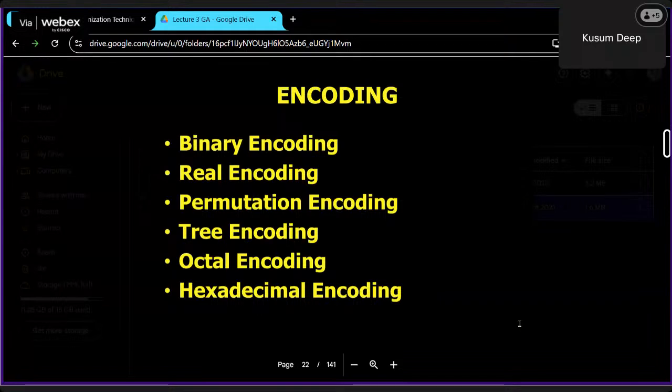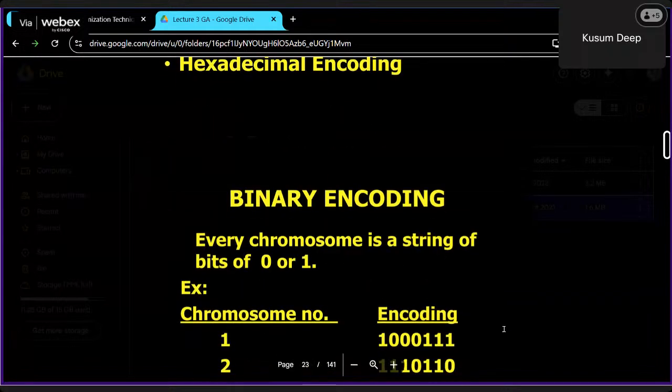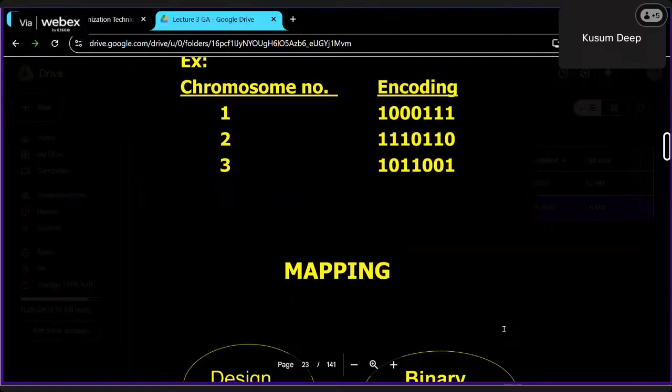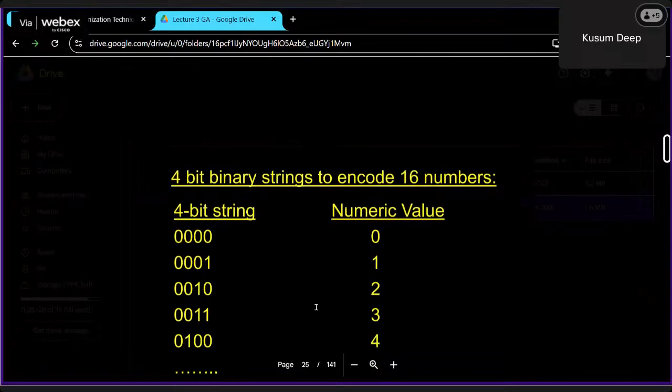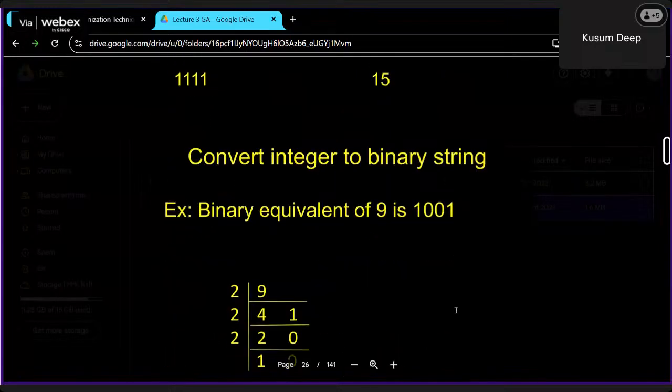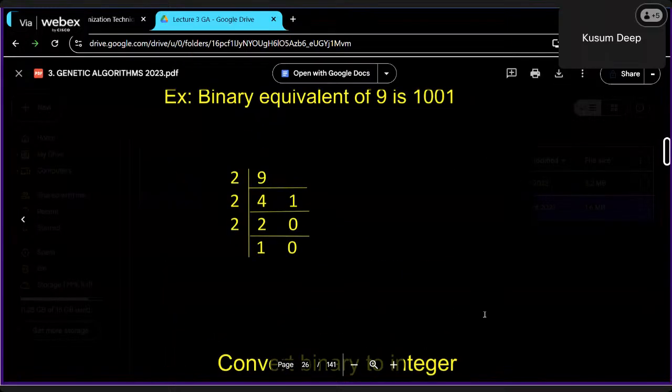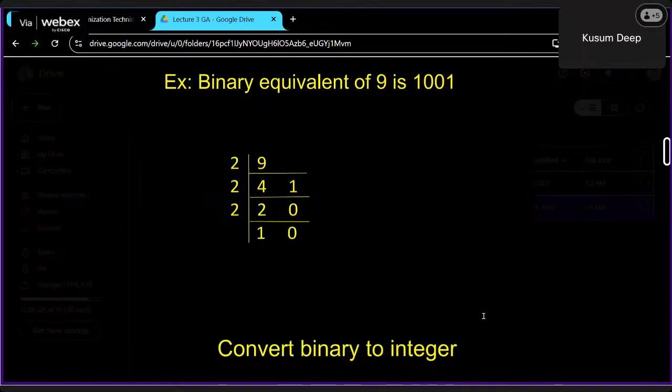Particularly, we focused on the binary encoding, which means that there is a relationship between the binary numbers and the decimal numbers. So as an example, we took a 4-bit binary string and how it is related to the numeric values. There is a method of converting binary to decimal and vice versa.